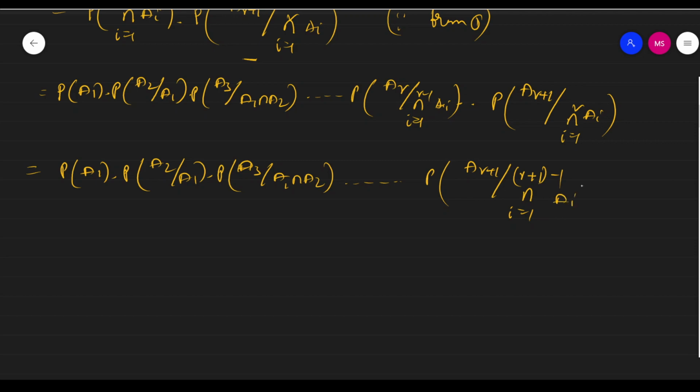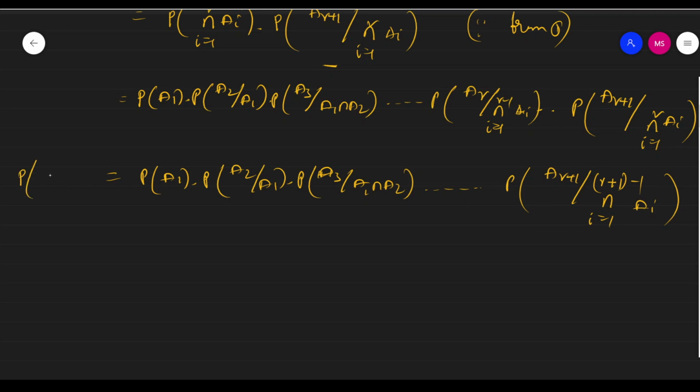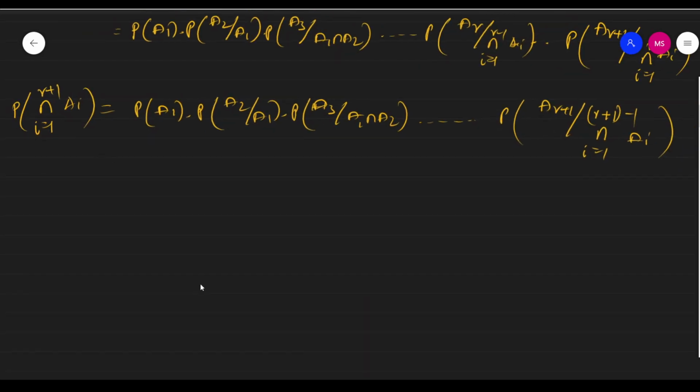So P of the intersection of Ai, i running from 1 to r plus 1, in the place of r plus 1 substitute n, is equal to P of A1 into P of A2 given A1 into P of A3 given A1 intersection A2, and so on, P of An given the intersection of Ai from 1 to n minus 1.